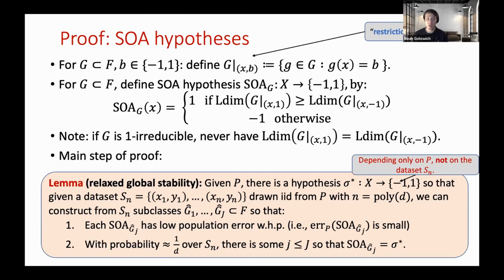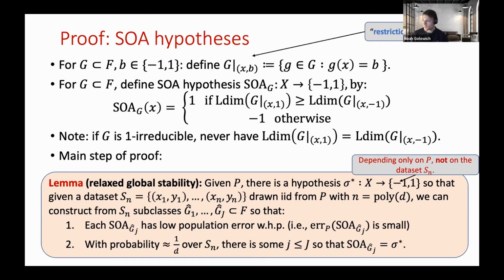First, the SOA hypothesis for each subclass, namely SOA of G hat J, has low population error with high probability. And second, with reasonable probability, roughly 1 over D, over the draw of this data set, there exists some class G hat J so that its SOA hypothesis is identically equal to sigma star.